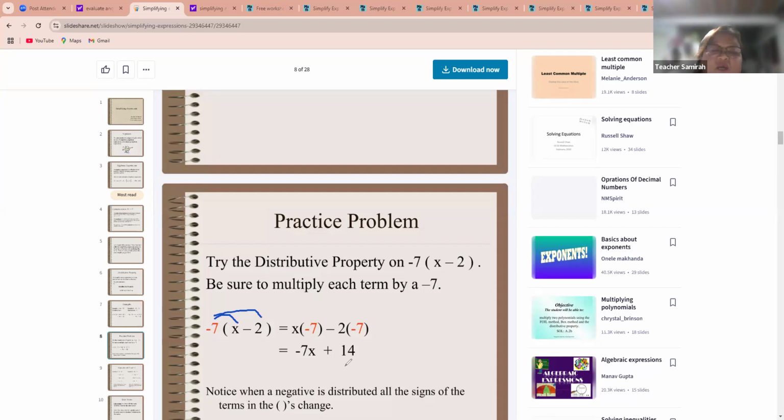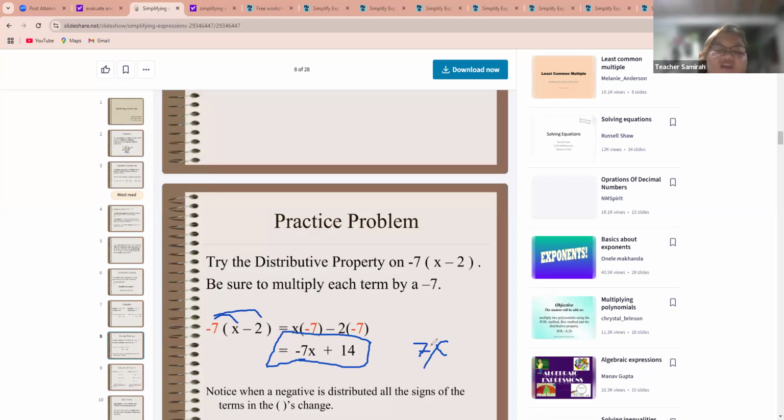Okay, what else? Look at this. Can we combine these two? What do you think? Can I say that my answer would be positive 7x?